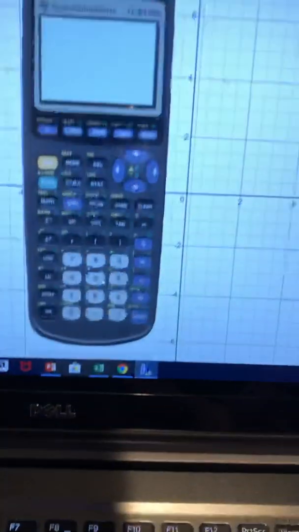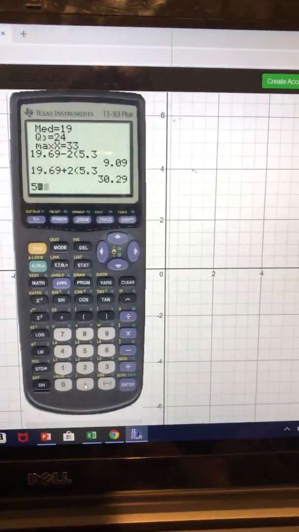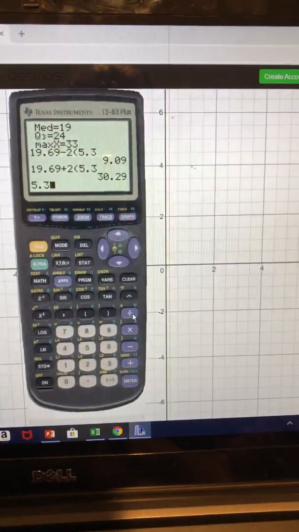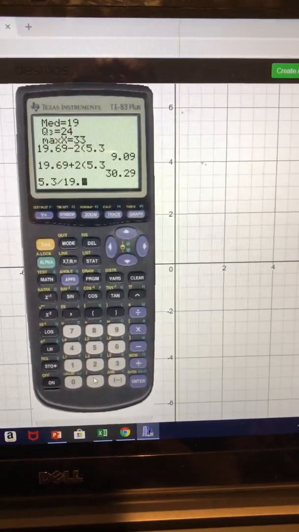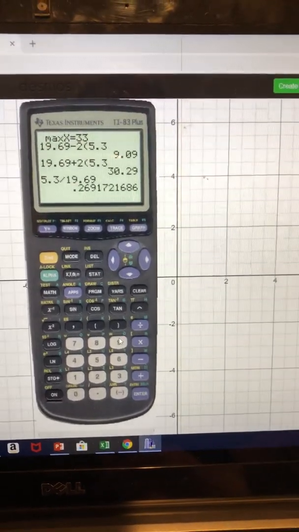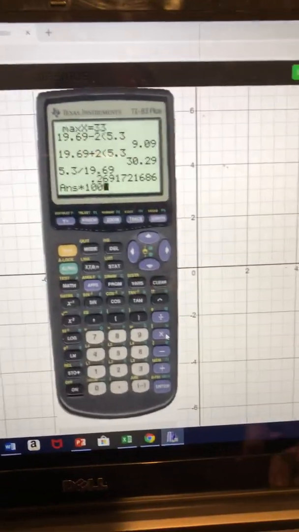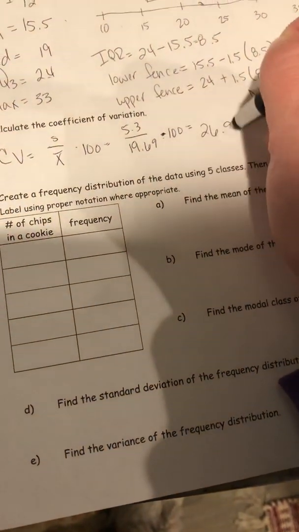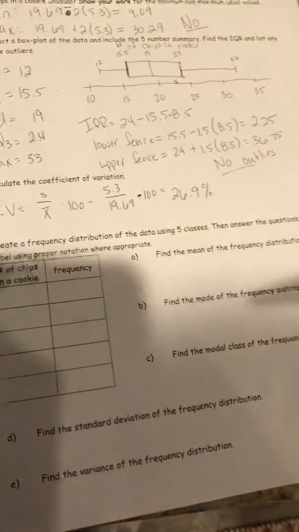So 5.3, our standard deviation, divided by our mean, 19.69, and then times 100, which is 26.9%. So that is my coefficient of variation.